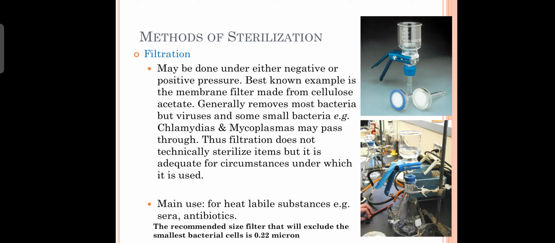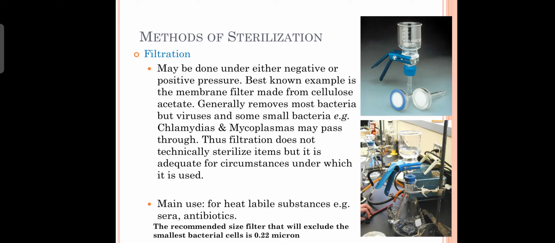The next one is the filtration method. It may be done under either negative or positive pressure, so you can use both. The best known example is the membrane filter made from cellulose acetate. It generally removes most bacteria, but viruses and some small bacteria, for example chlamydia and mycoplasmas, may pass through it. By name itself, filtration means filtering out viruses or bacteria, but if they are very small, they can penetrate the filter.